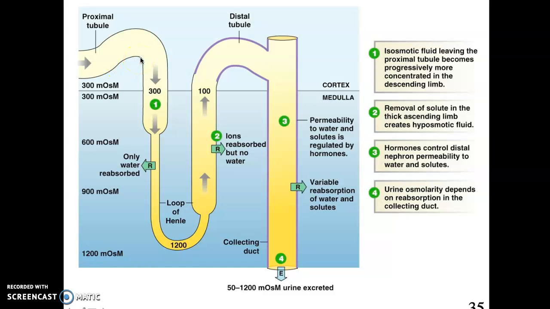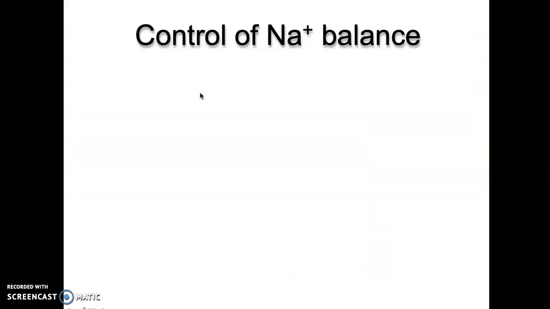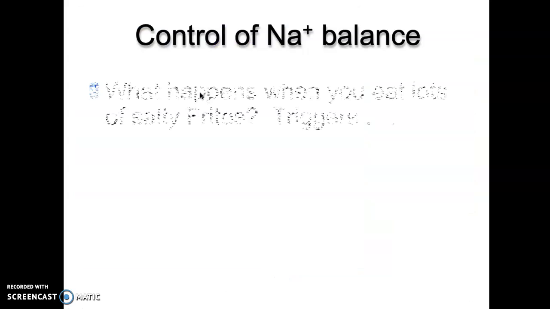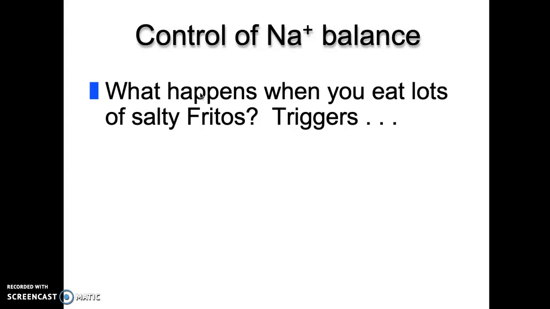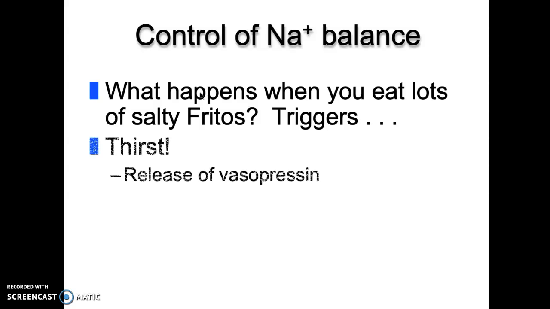I think I'm going to skip this slide, guys. Let me skip this, and let's talk of control of sodium balance. So what happens when you eat lots of salty Fritos? You ate all this salt, and it's going to trigger thirst, right?